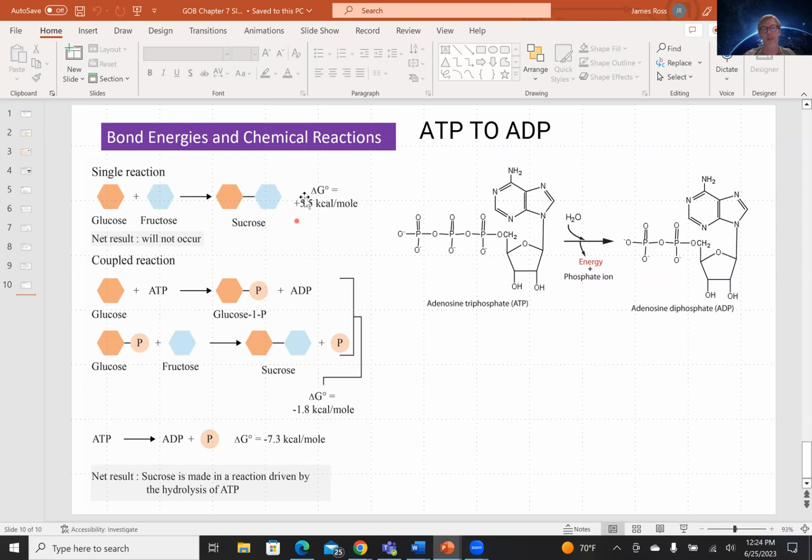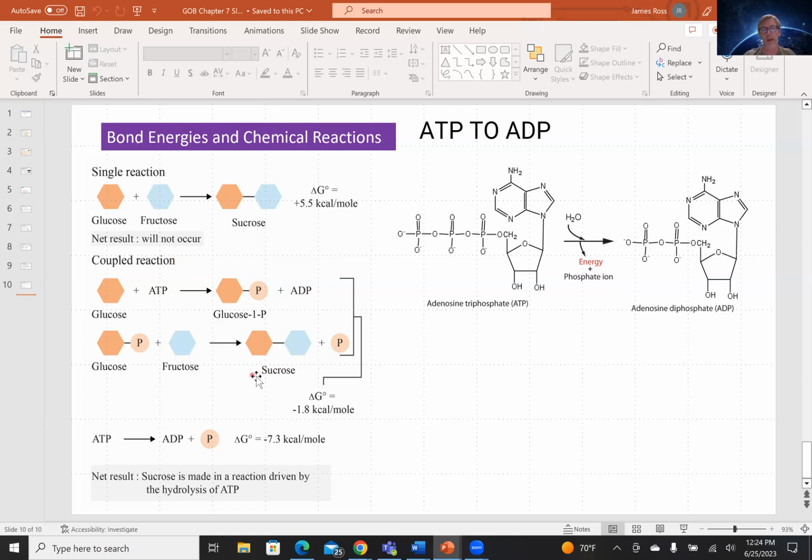And conversely, with the reaction up at the top, it's a positive energy requirement because it needs to be added to the chemical. So if we can see by looking at these two values that the negative 7.3 is larger numerically than the 5.5. So if we could gain 7.3 units from ATP, we could pay off 5.5 units to form a sucrose molecule. And that's exactly what happens.